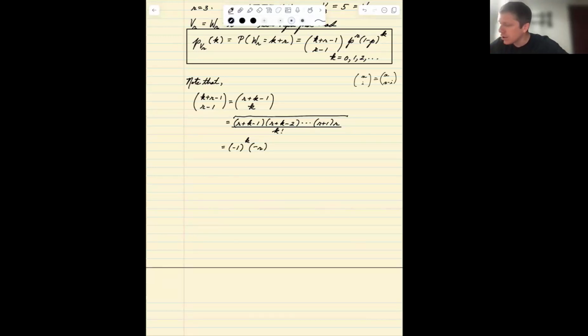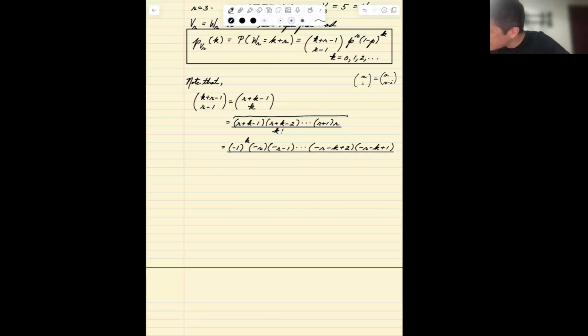So this minus in front of the r is going to cancel with one of the -1s in this -1 to the power k. But we're going to do this for every single term. And if we do this, what happens? Well, we get a different expression.